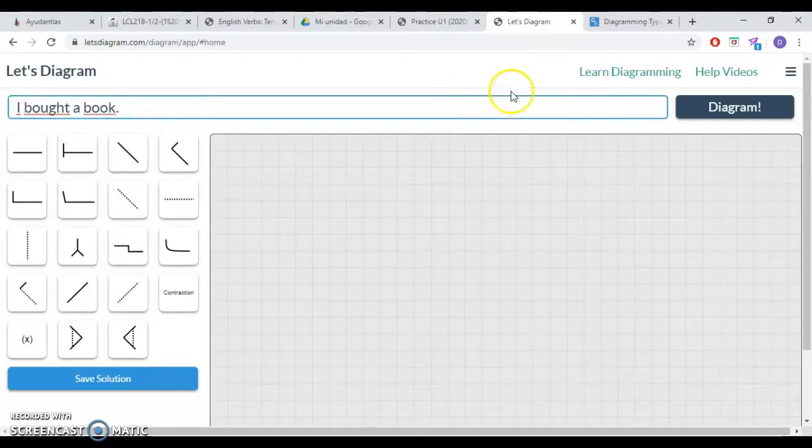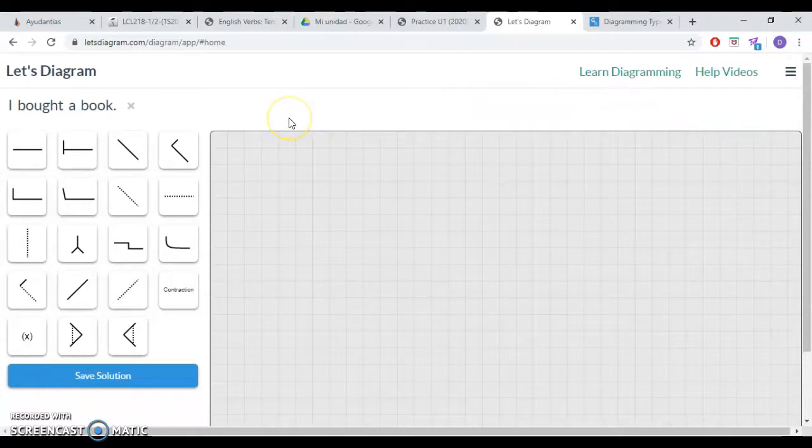Really simple. We diagram it and we do the same. We identify the subject, I, we place it here. We identify the verb, bought, and it goes right here. Remember, this line goes a little bit further from the horizontal line.